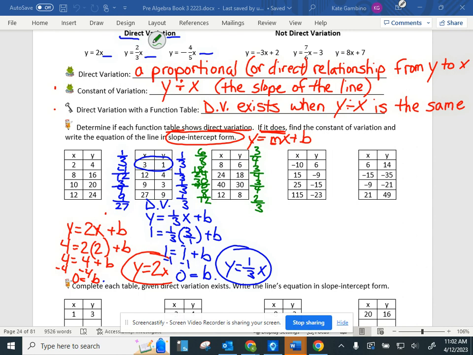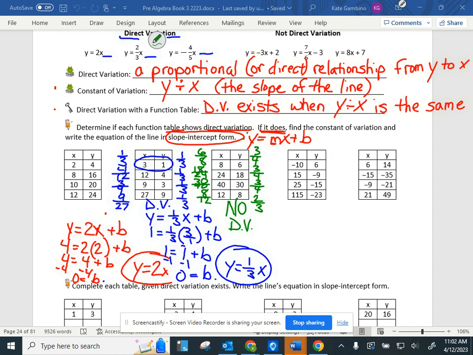You have to do it for every pair. Make sure you have the same slope for each pair: y divided by x, y divided by x, for all 4 of them. So this is no direct variation. Done.